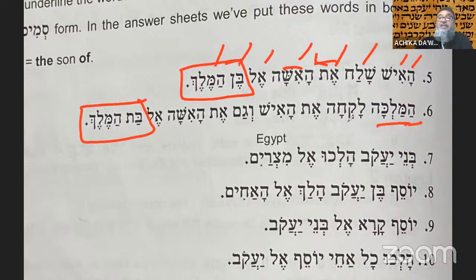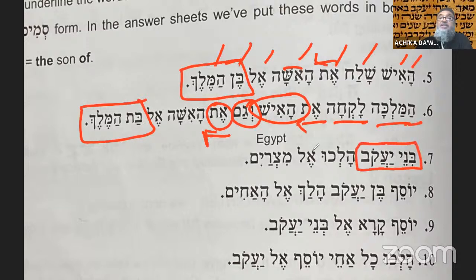The queen, she sent the direct object marker, the man, and also the woman, to the daughter of the king. B'nai Israel is not "sons of Israel," it's "the sons of Israel," because it's in a semi-coup. They went to Mitzrayim. Okay.